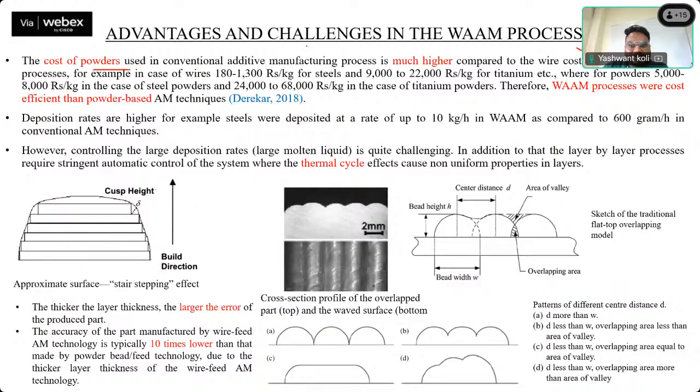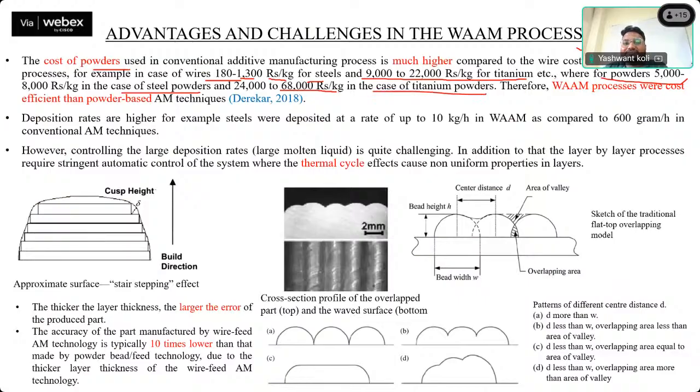In terms of wire, the cost is 180 to 1300 rupees per kg for steel and 9,000 to 22,000 per kg for titanium. For powders, it is 5,000 to 8,000 rupees per kg in the case of steel powders, and it goes towards 68,000 per kg for titanium powders.